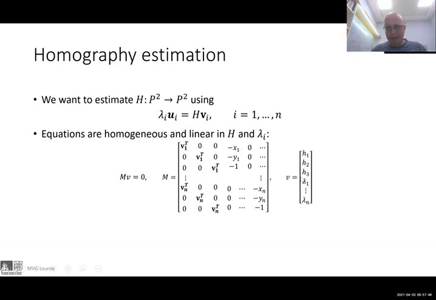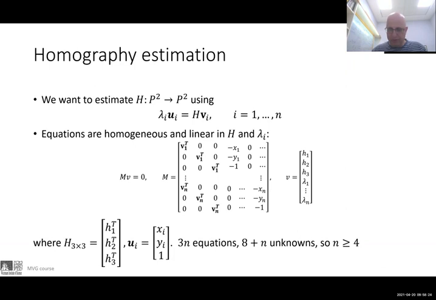So what we do is we put lambda i here, and x1, y1, and 1 are the components of u1. x and y and 1 are the components of un. These will multiply lambda 1, and these x, y, and 1 will multiply lambda n. This way we write Mv equals 0. And again, by using DLT, we can solve for H and for lambda 1 to lambda n.